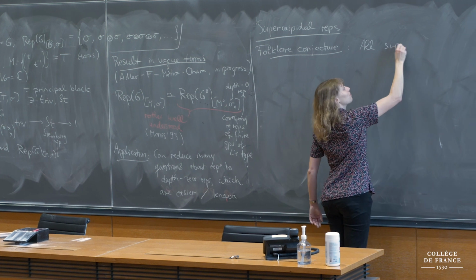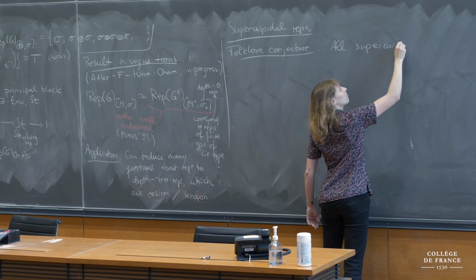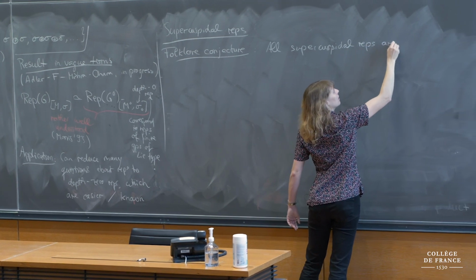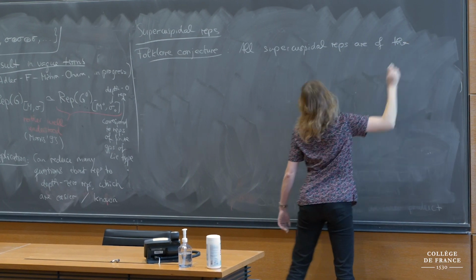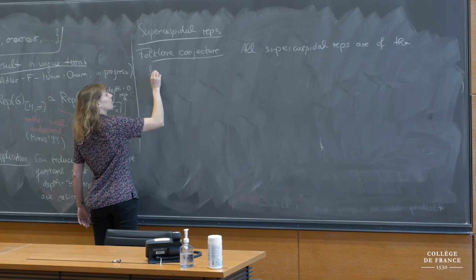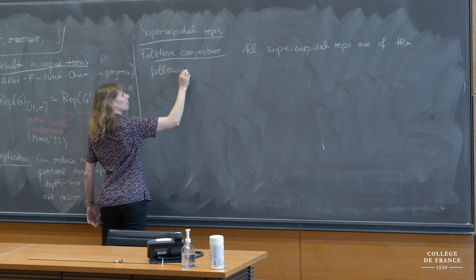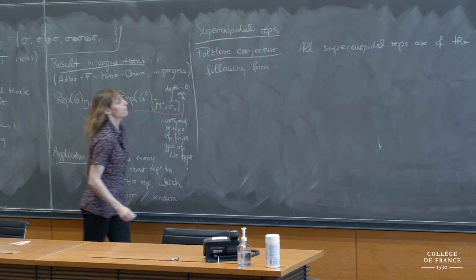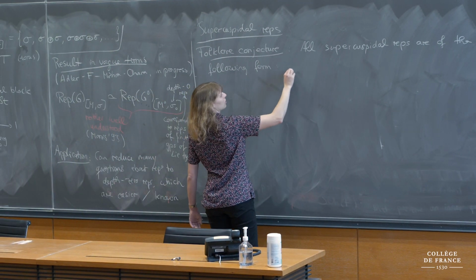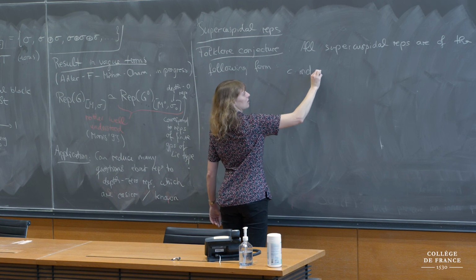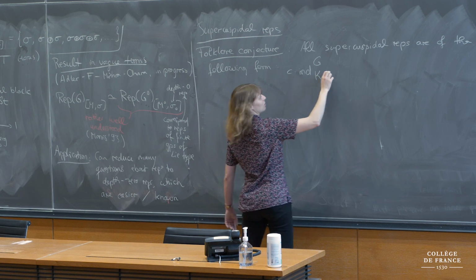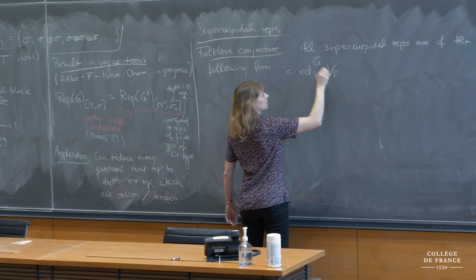All supercuspidal representations are of the following form. They are of the form compact induction from K to G, I'll say in a moment what this is, of a representation rho.